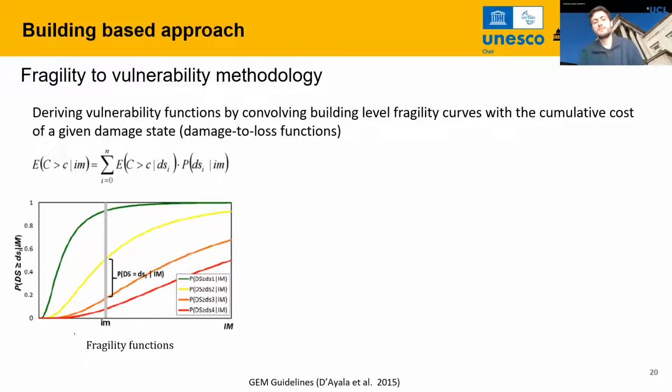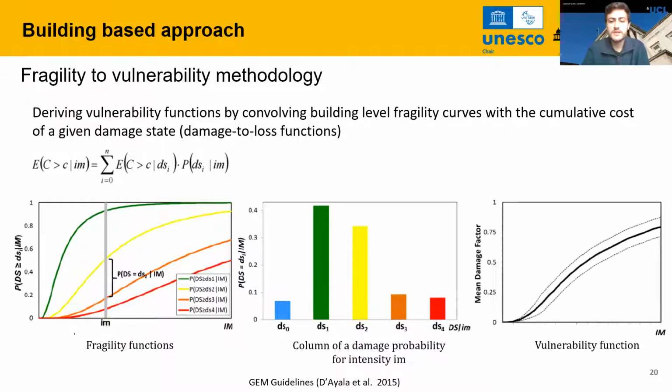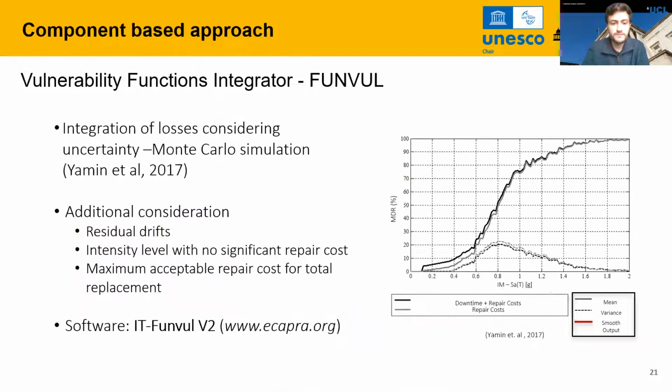So you develop in the process the fragility functions, and then you can define a cumulative cost for each one of the damage states, and you can convolve them all into one vulnerability function, which will work as a way of representing the behavior too.